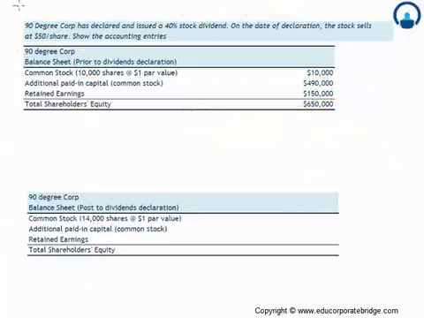Now let us take another example where 90 Degree Corp has declared and issued a 40% dividend. By our definition, this is a large dividend, and since it is a large dividend, the way it will be treated in the shareholders' equity section would be different.